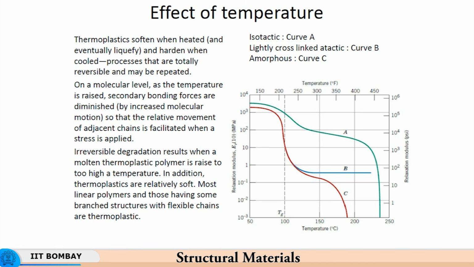So at relatively lower temperatures, van der Waals forces diminish, and therefore the polymer is able to deform, and the chains are able to move with respect to each other. But if the temperature is too high, then the bonds between two carbon atoms, the backbone bonds, tend to break, and therefore there is irreversible degradation of the polymer.